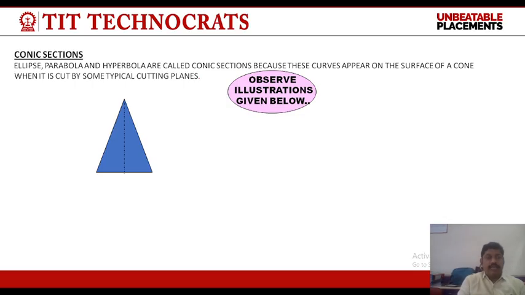This is the center line, or imaginary line, or axis. If this cone is cut at any angle to the axis, then an ellipse is shown on the surface of the cone.